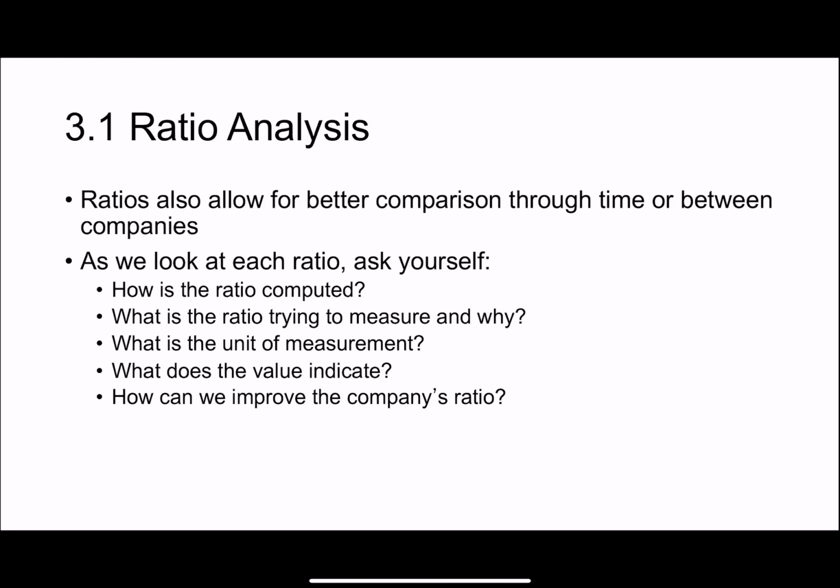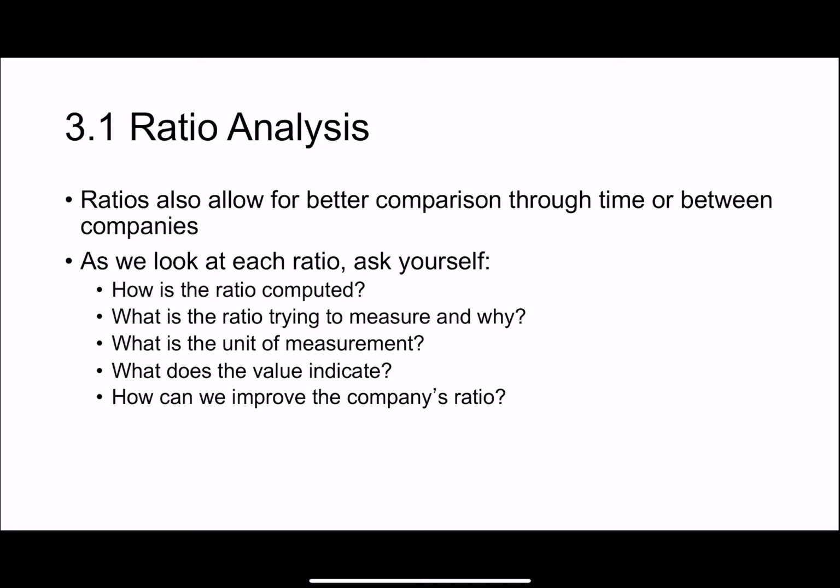So the core of financial analysis is so-called ratio analysis. By definition, a ratio has a numerator and a denominator. There are various ratios that use various pieces of information from financial statements, but the key is to understand the logic behind those financial ratios.